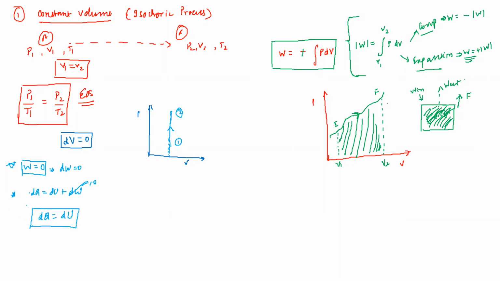Okay, for an isochoric process, dQ is equal to dU. Then we come to the next process. These are easy processes: isochoric, isobaric.